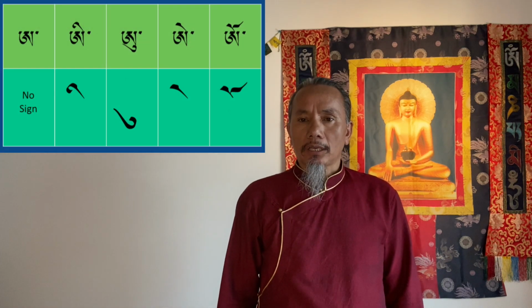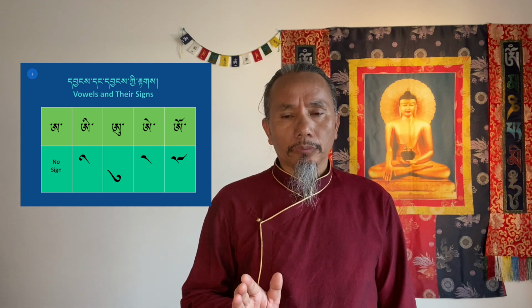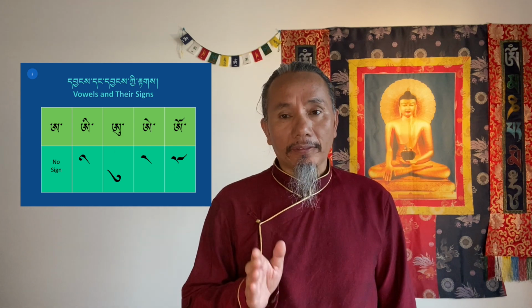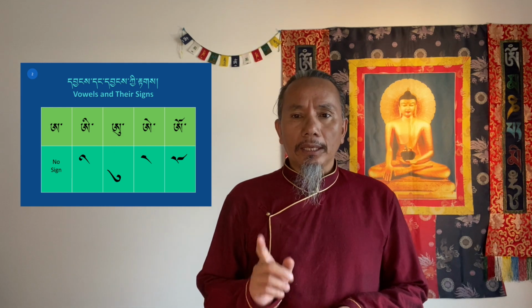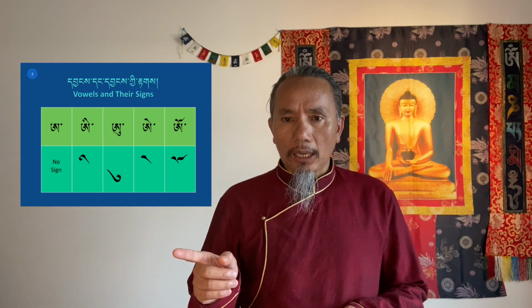So the 5 vowels are A, I, U, E, O. Amongst the 5 vowels, the first has no symbol, and the rest have their symbols. I, U, E, O.